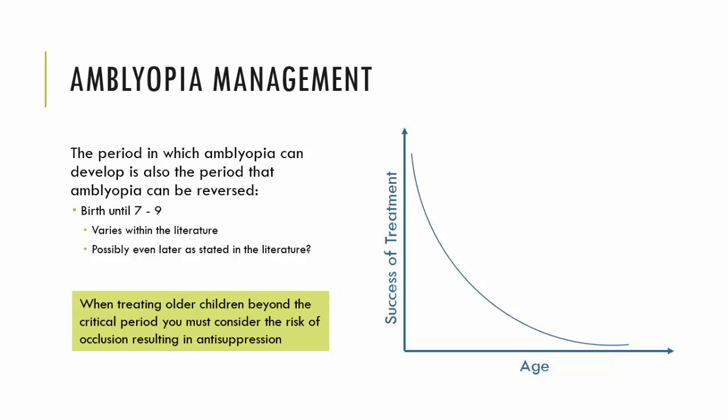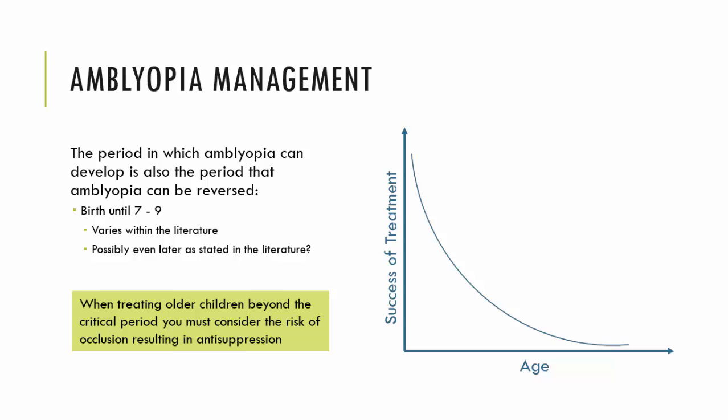And it's also better that we treat these patients as early as possible in order to achieve the best outcomes, because the more we wait, the more the amblyopia develops and the harder it is to improve visual acuity in these patients.